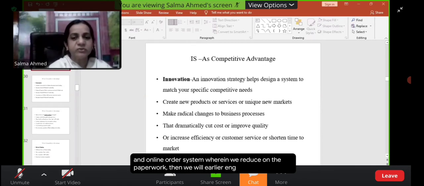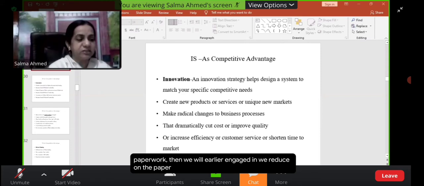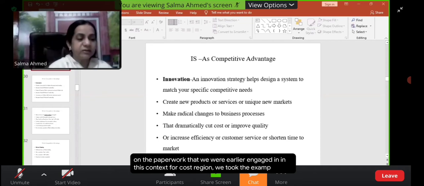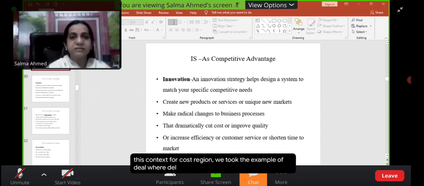In this context, for cost leadership, we took the example of Dell, where Dell had eliminated all the intermediaries, and therefore the cost which would occur by placing intermediaries between itself and the customer was done away with.